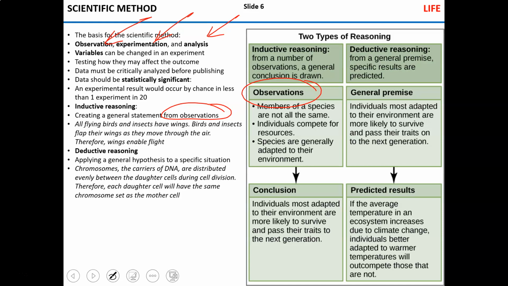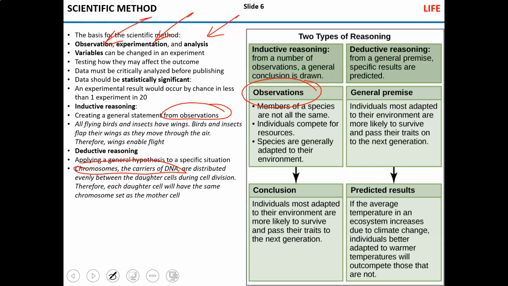Now, in deductive reasoning, we go back from the general idea, theory, or hypothesis to the predictions of individual results of individual scientific processes or experiments. For example, we know that chromosomes that contain DNA are equally distributed between the daughter cells when cells divide.